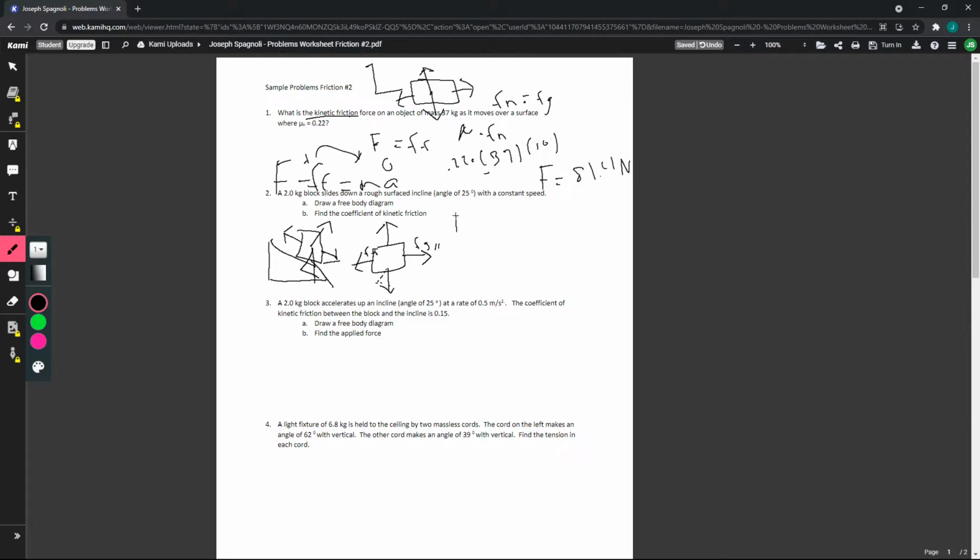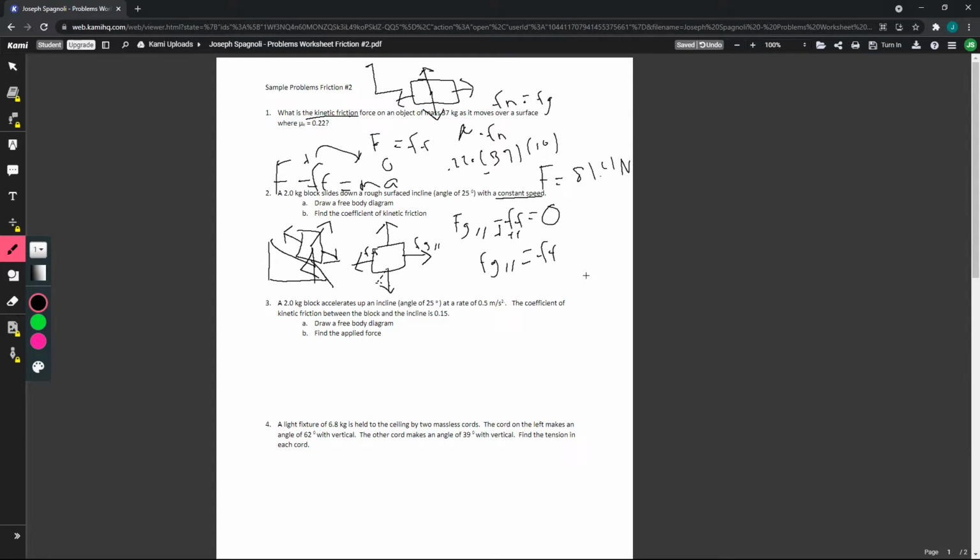So we have force of gravity parallel minus force of friction. Oh, I forgot. It does say with a constant speed, meaning force of gravity parallel is equal to force of friction, because if we add force of friction on both sides, we get Fg parallel is equal to force of friction.